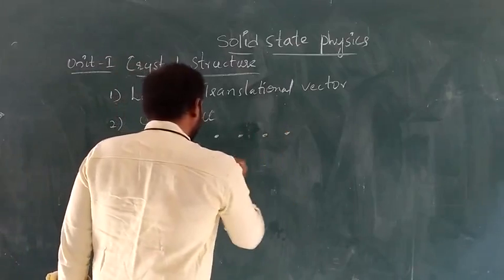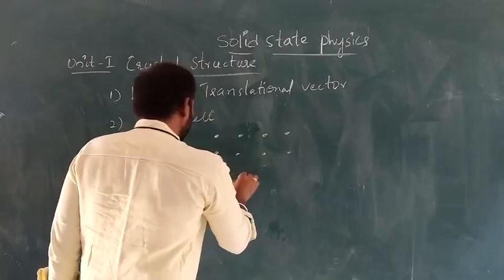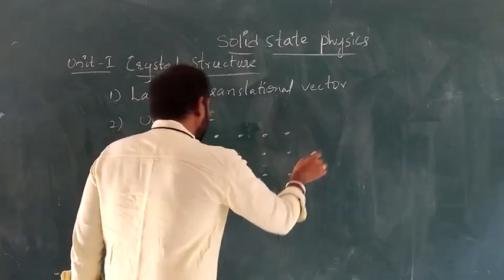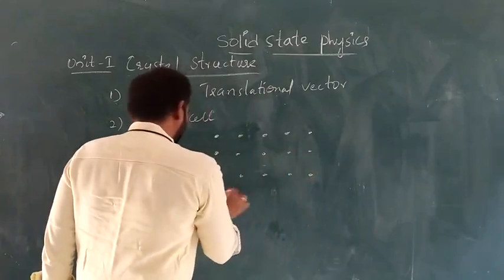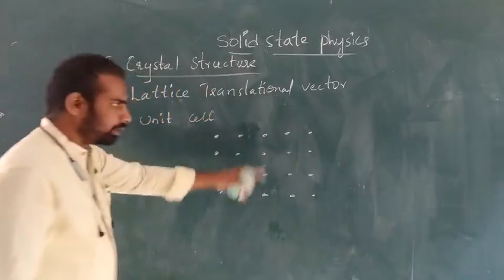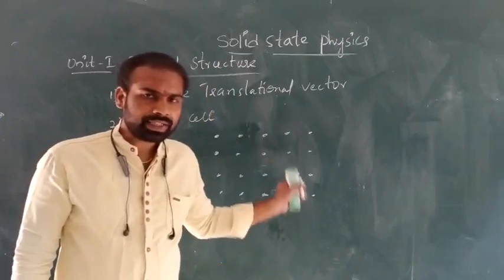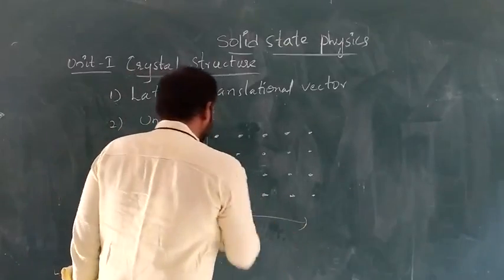Let us consider in a space some two-dimensional lattice points. So this is a two-dimensional lattice of points in a space. We took a two-dimensional space lattice.